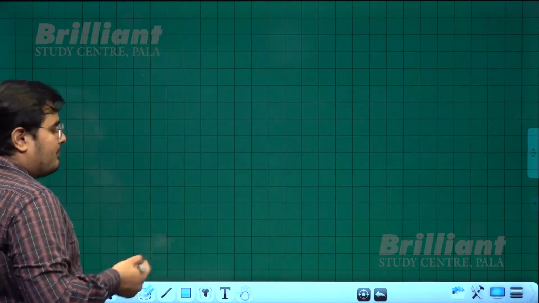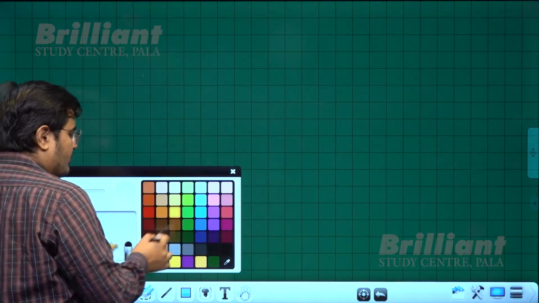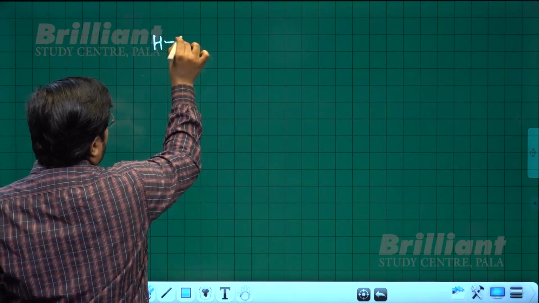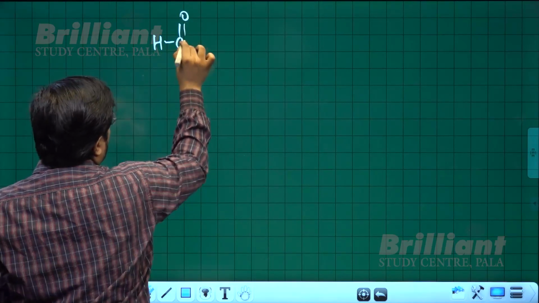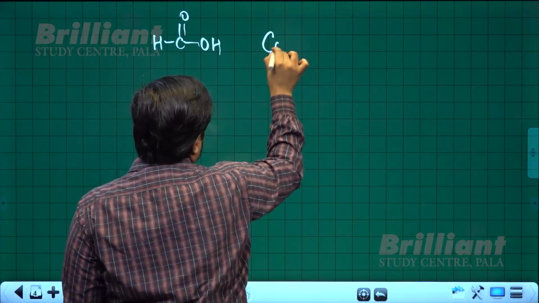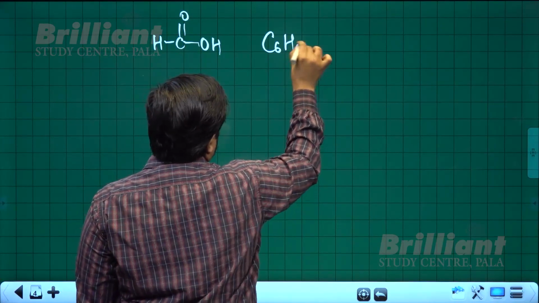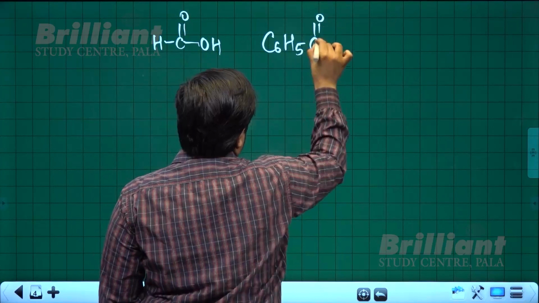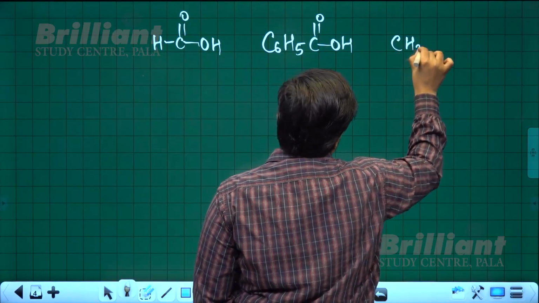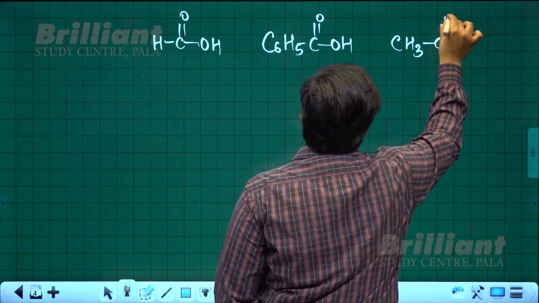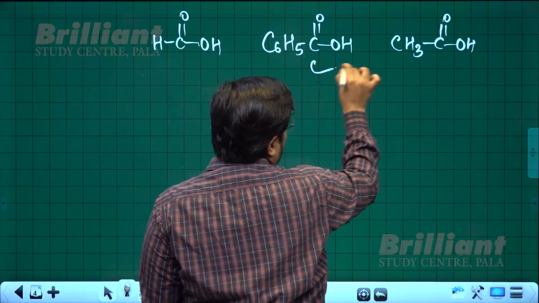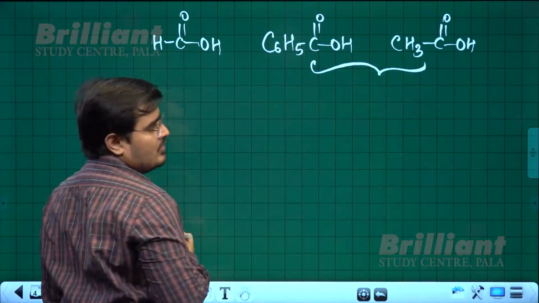Another important comparison that most of you will be confused about is between formic acid, benzoic acid and acetic acid. So first I will compare these two cases for you.